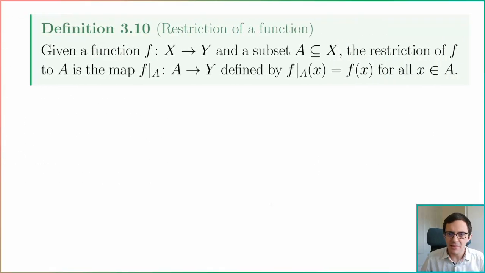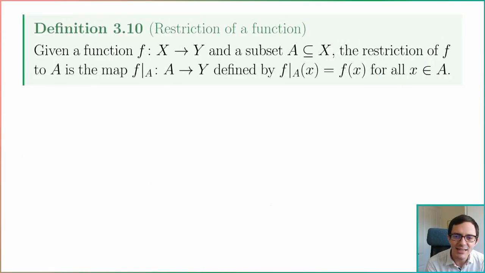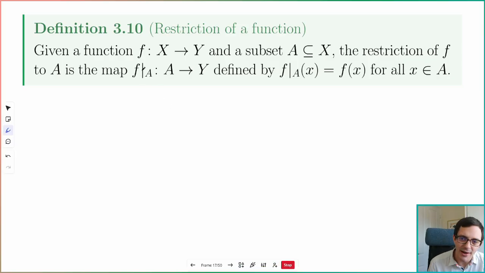I have a couple of quick definitions at the end here. Given a function and a subset, we can talk about the restriction of f to the set A, which is written like this with a vertical line and a subscript A. In handwriting, I might put it further down like that or something, which is a function from A to Y, defined by just taking the values that you were going to take anyway on that subset.